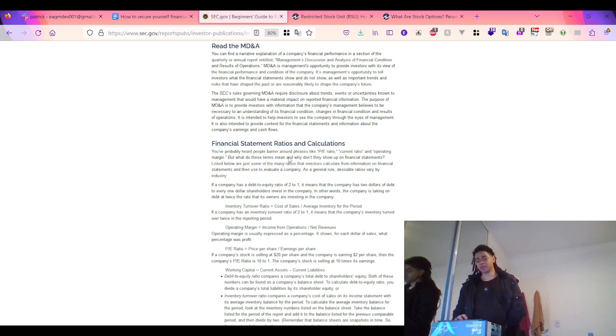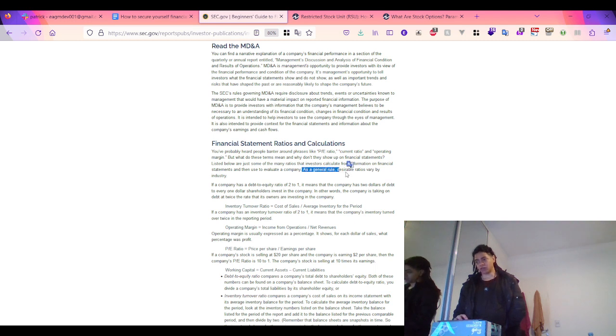These are ratios that investors use to calculate and evaluate information of the financial statement of a company.